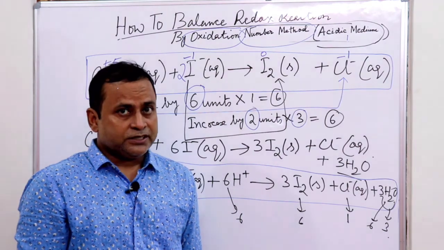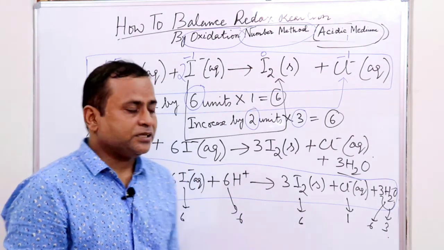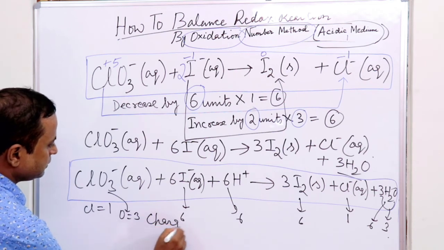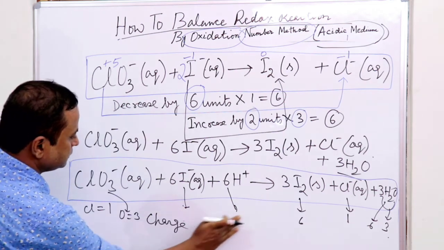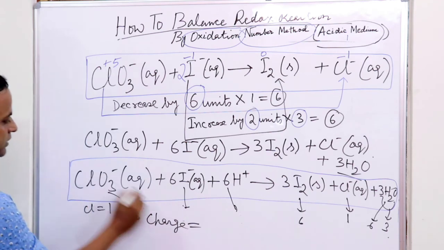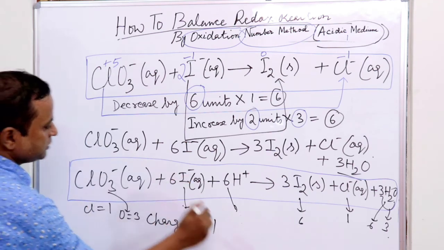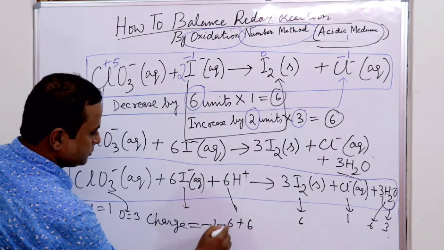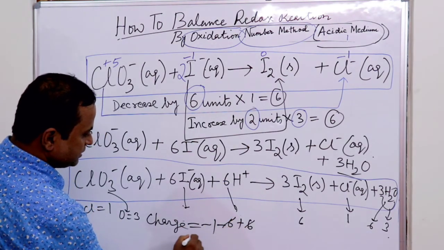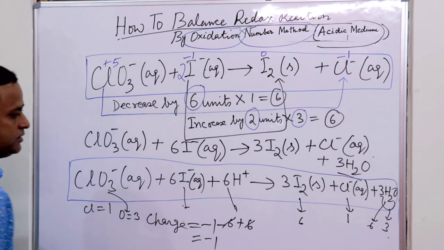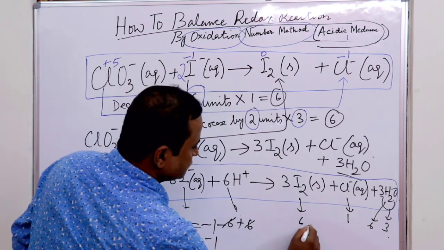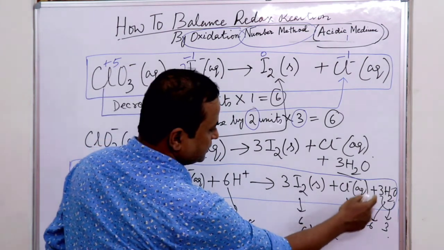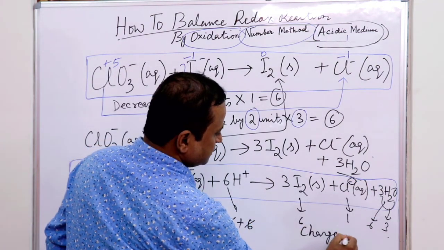The final check that we have to see is whether the charges are balanced or not. Let us see the charge on this side. -1, 6 into -1, -6, plus 6 into +1, +6. Minus 6 plus 6 cancel, so the charge on the left hand side is minus 1. Let's see the charge on the right hand side. There is no charge here, no charge here, only one minus charge.